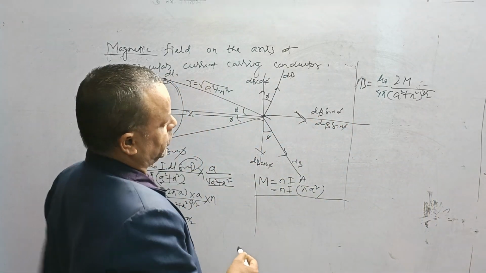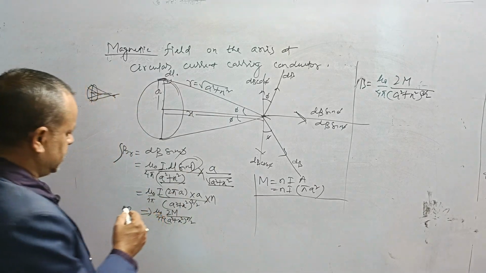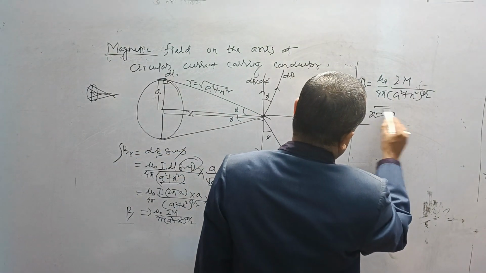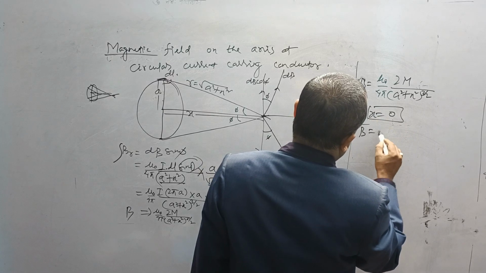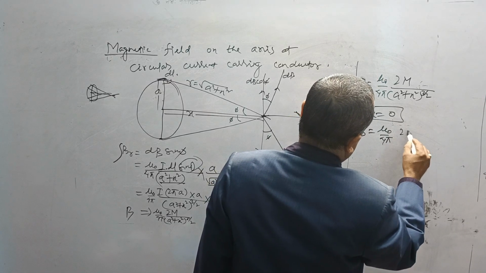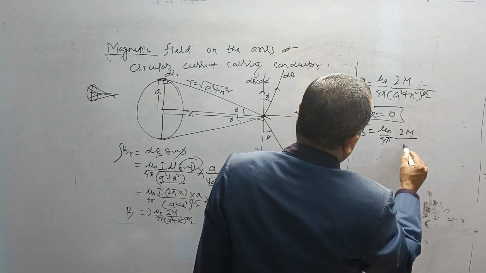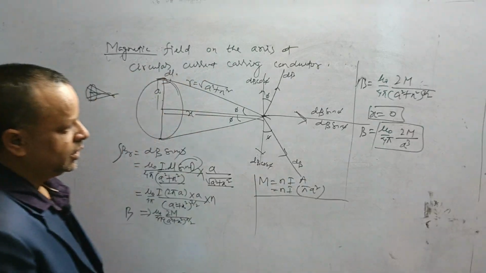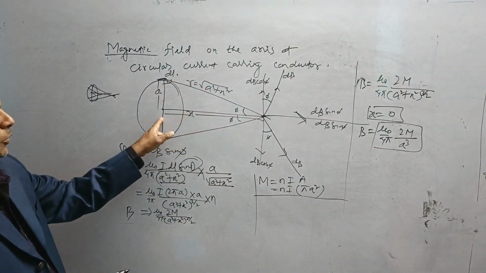Suppose x is 0, meaning the point lies at the center of the circle. In that case, it becomes mu naught upon 4 pi 2m upon a cube. This is the magnetic field at the center when x becomes 0.